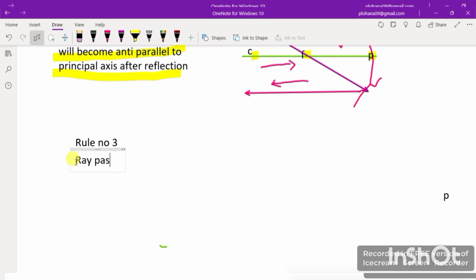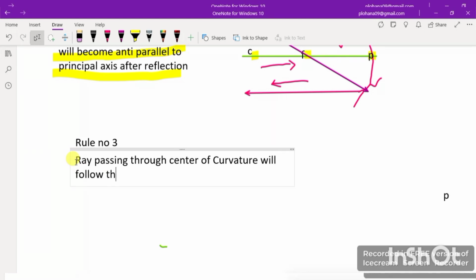A ray passing through the center of curvature will follow the same path back after reflection, right?